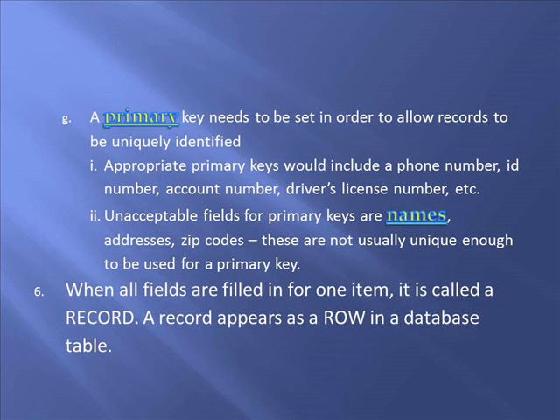When all fields are filled in for one item in the database table, that is a record. A record is all of the fields for one particular person, place, thing, or item in our database.